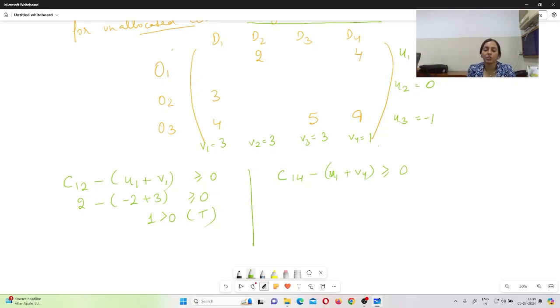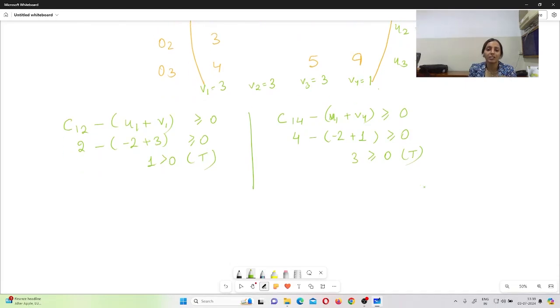C14 we have given the information of 4. C14 is equal to 4 minus, what is U1? Minus 2. So write it over here, minus 2 plus, what is V4? That is 1. So write down over here as 1. It should be greater than equal to 0. Putting the value, minus 2 plus 1 will be equal to minus 1. 4 minus minus 1 will be 5. So again, this condition is also fulfilled. True. Right? This is the second unallocated cell.